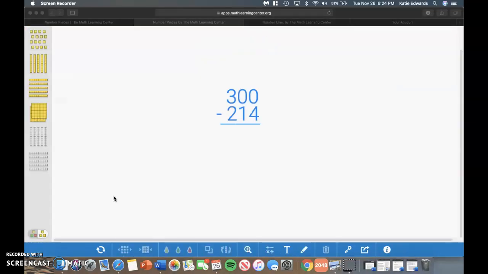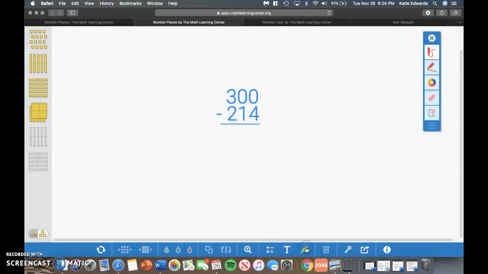In 4th grade, students start to use the standard algorithm, which looks like this. And so here they would solve first by saying that they can't do 0 minus 4. So they need to borrow a 10, which they can't do because there's a 0.